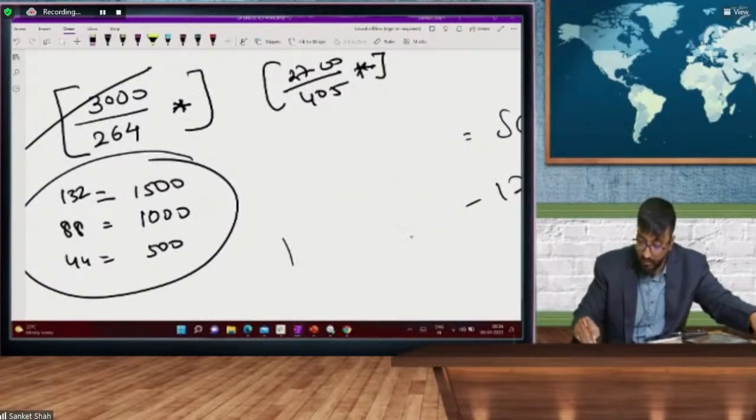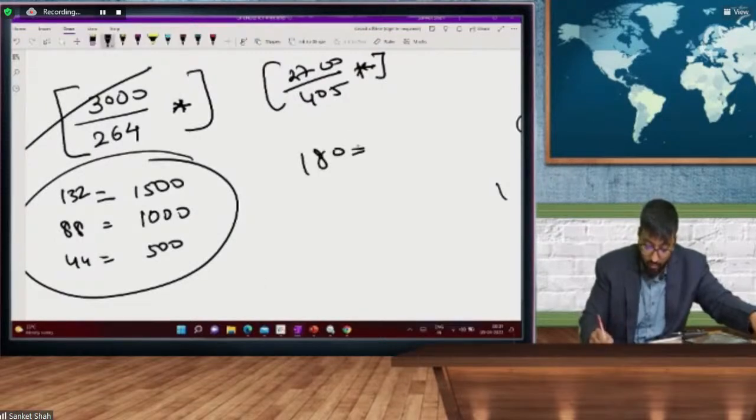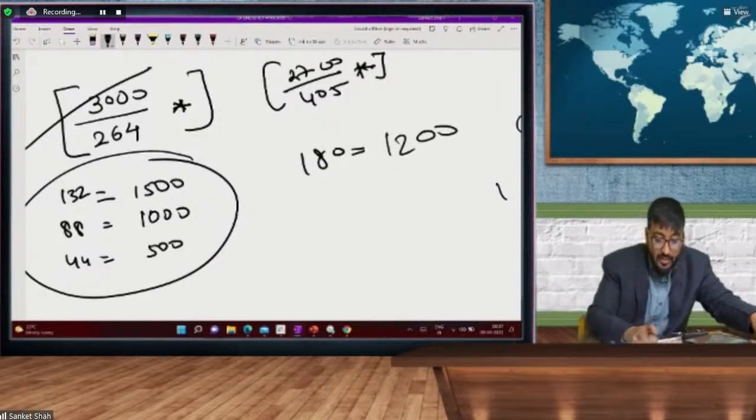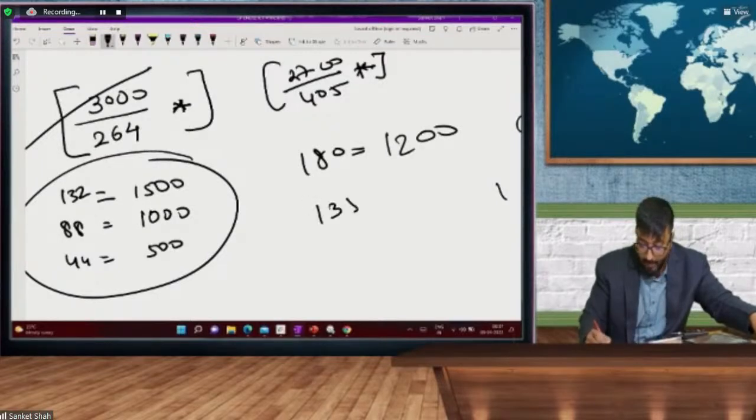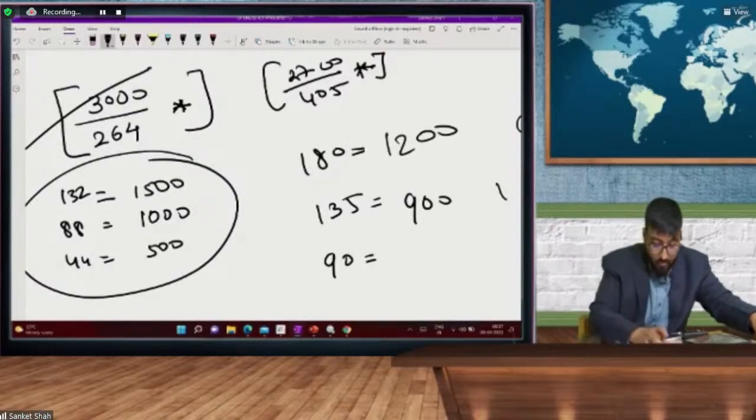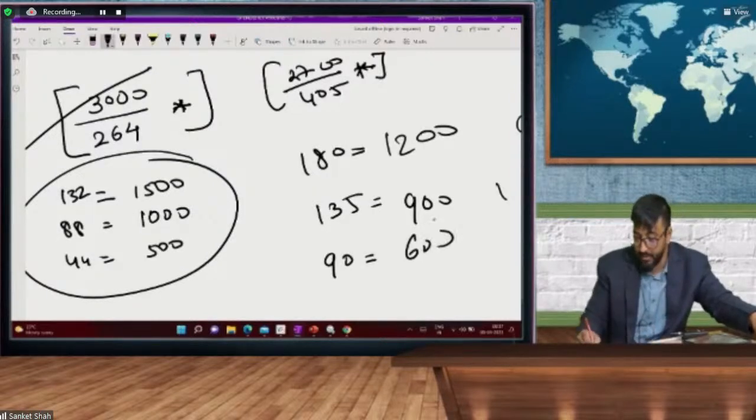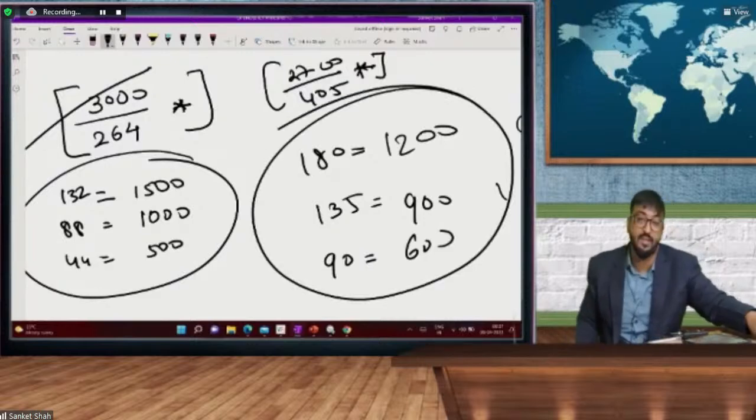Ratio is 180 is equal to, this is 1200, 1199.99, this is 1200. Then just press 135 is equal to, and this is 900, and then press 90 is equal to 600. So this is a shortcut of calci.